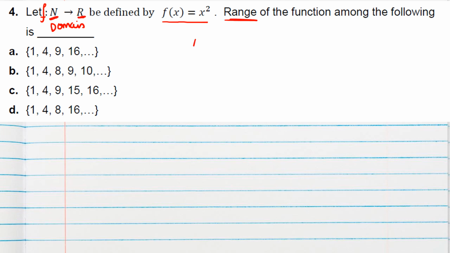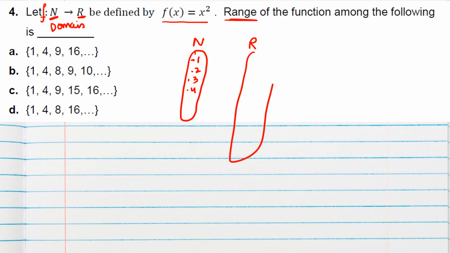Suppose this is N, I am going to make an arrow diagram with 1, 2, 3, 4, and the R set will have negative numbers also and positive numbers also. So the first set makes the domain and the second set makes the codomain.